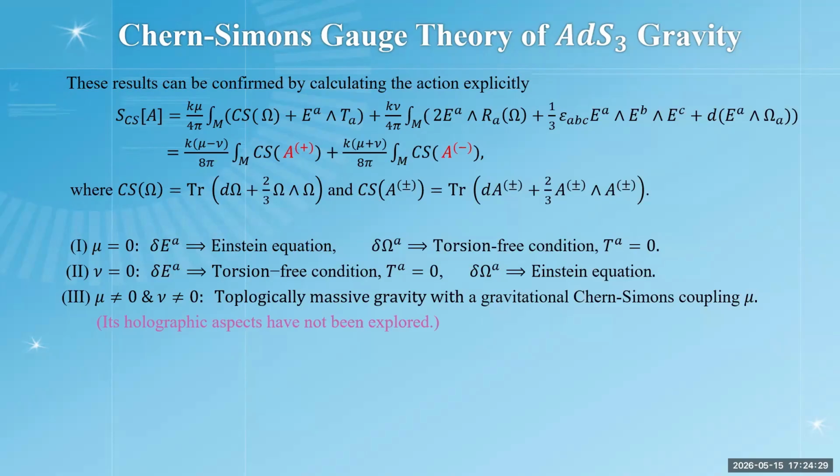We don't need the mu term. And then we have a boundary theory, a conformal field theory, and this is described by the Cardy formula. The Cardy formula precisely explains the Bekenstein-Hawking entropy of the BTZ black hole. So it is a well-known story, actually.